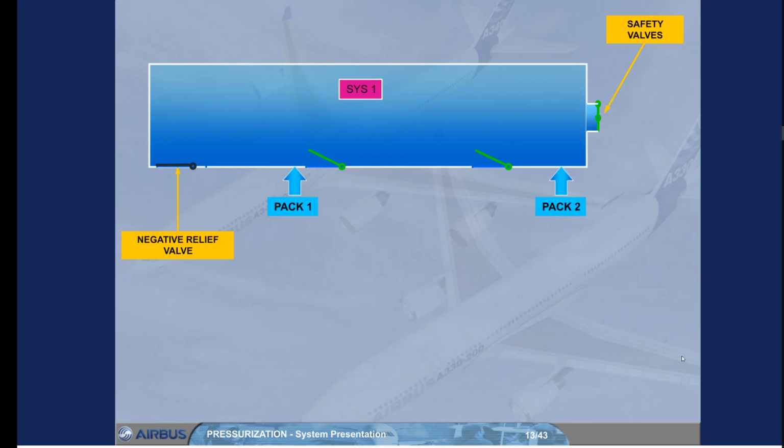Note: on a 340-600, 3 safety valves are installed and, in addition to the same negative relief valve as installed on the A330 and the A340, a second one is installed after the left cabin door 2.